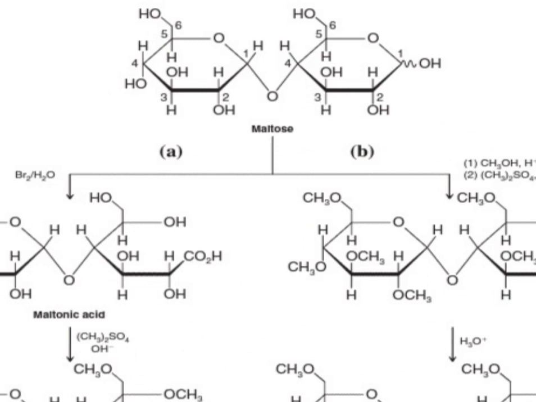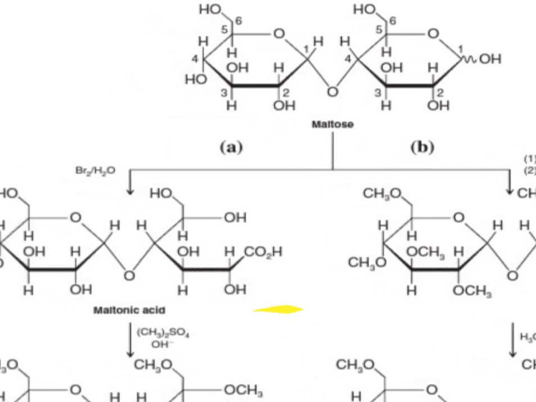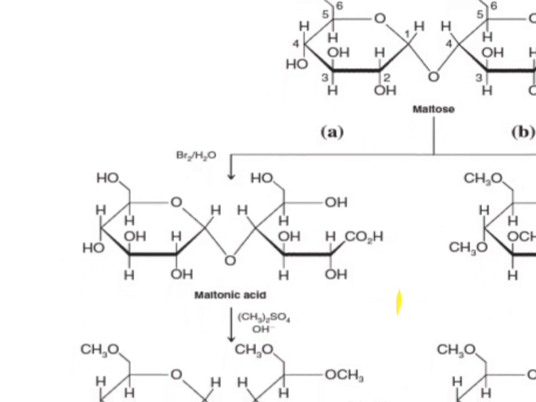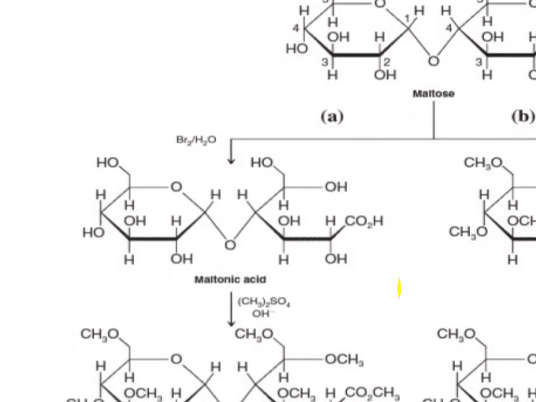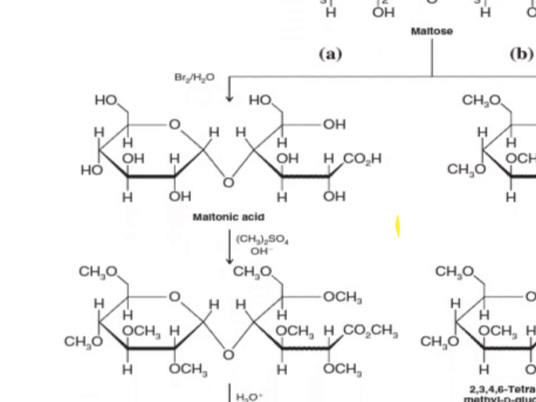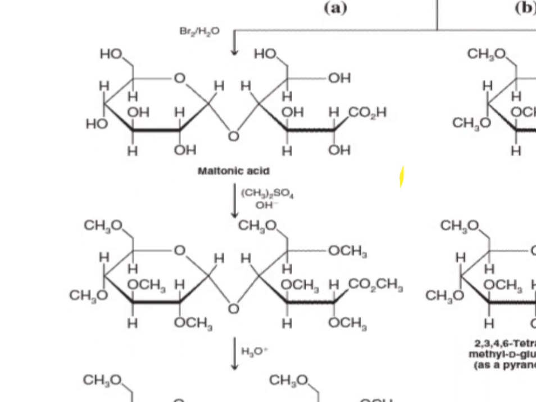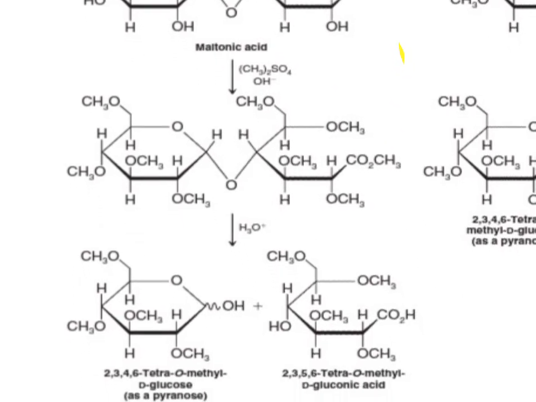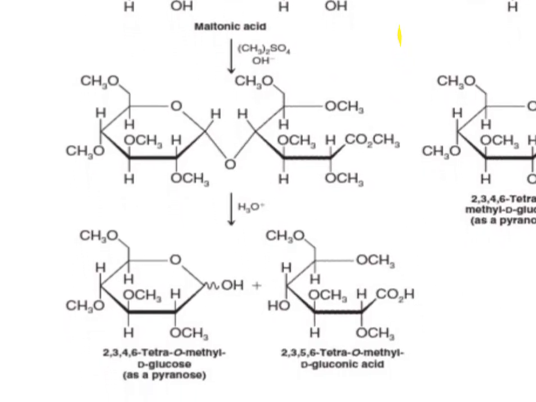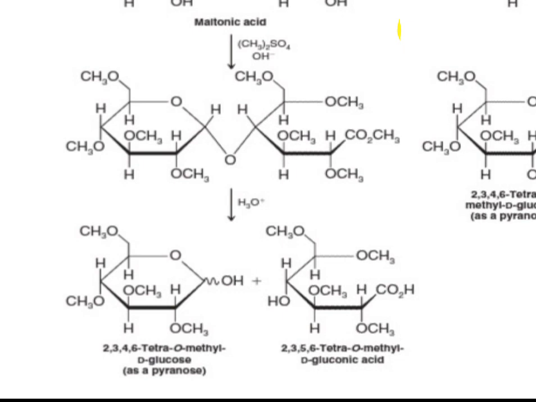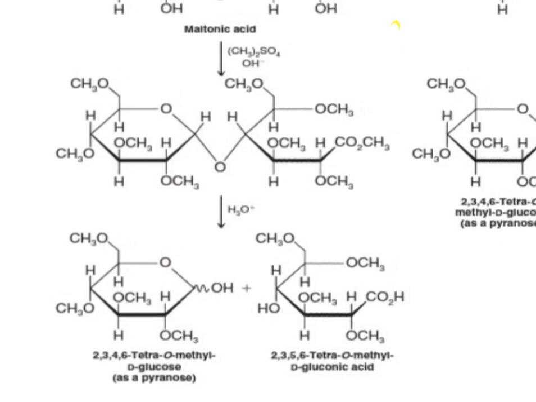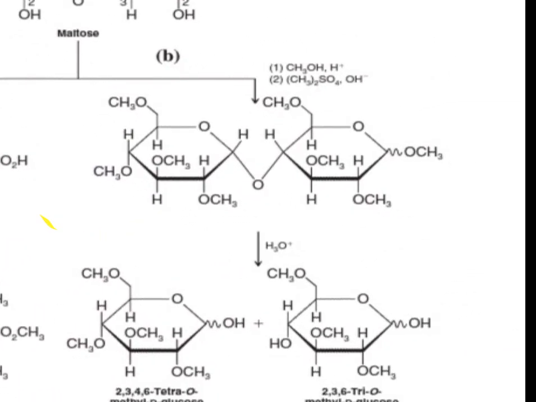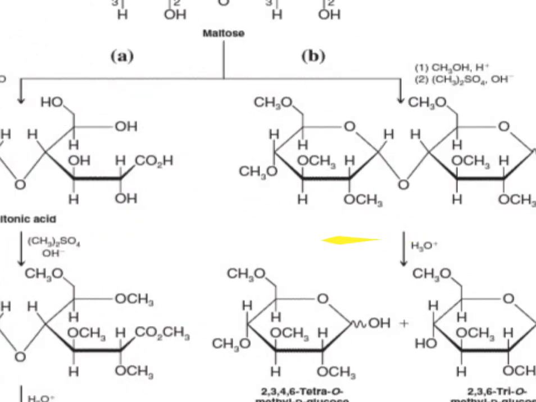This is your maltose, and if you add bromine water, this will be oxidized to maltonic acid, and then you can add dimethyl sulfate, and then you can hydrolyze it. And if you go here, take maltose.